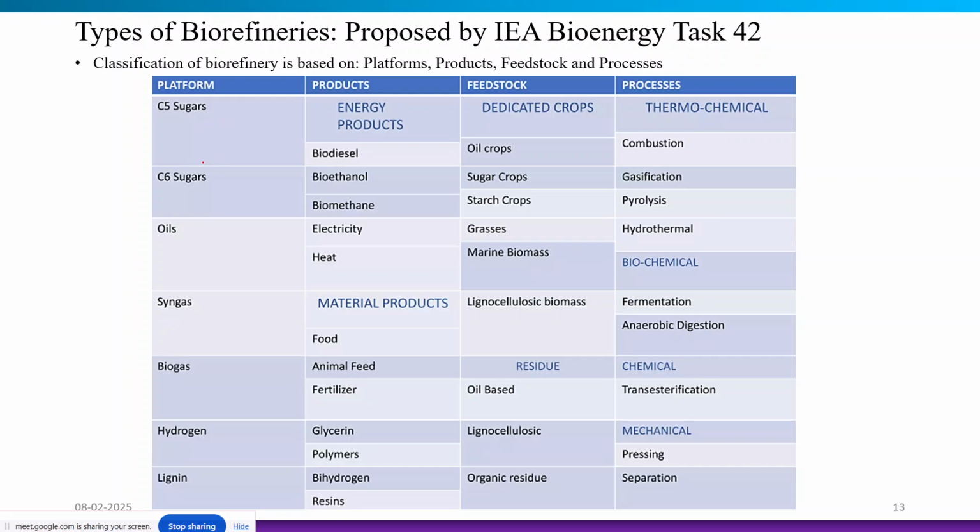Platforms are C5 sugar, C6 sugar, oil, syngas, biogas, hydrogen, and lignin. These are some platforms on which the biorefineries are classified. In the case of products, for an energy driven biorefinery, the main products are biodiesel, bioethanol, biomethane, electricity, and heat.